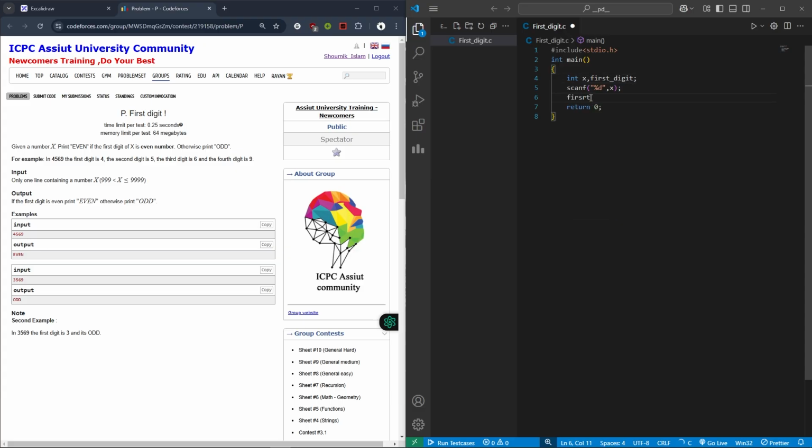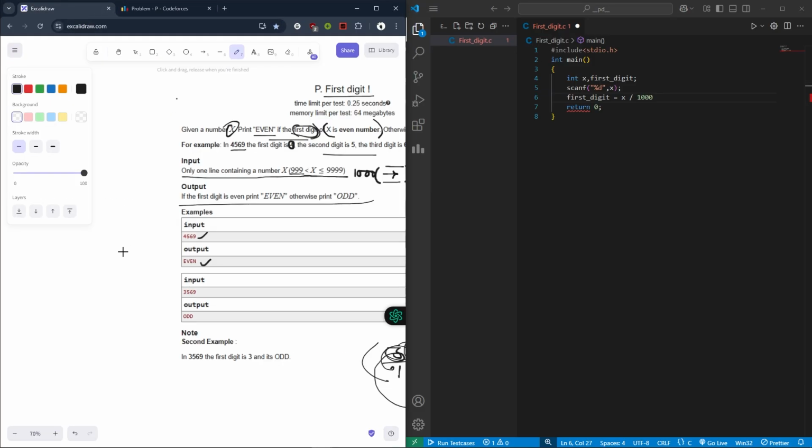First digit is going to be, as I told before, since this problem only requires us to check for 4-digit numbers, we have to divide it by 1000. So that's the input divided by 1000. 1 for 4, and then the other 3 zeros for the other 3 digits.